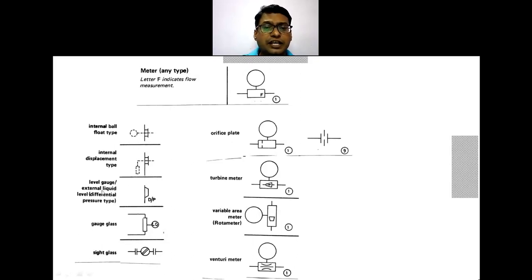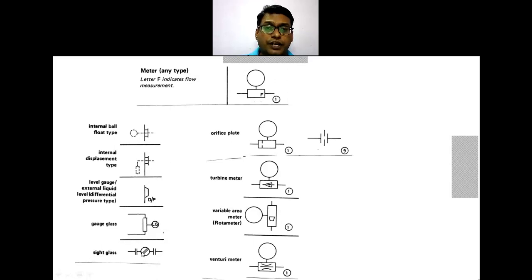Then there are different arrangements where you can have the differential pressure type level indicators. Then gauge level indicators, the local gauge that is provided, which is why it is written as LG, local gauge. Then the sight glass or watch glass.